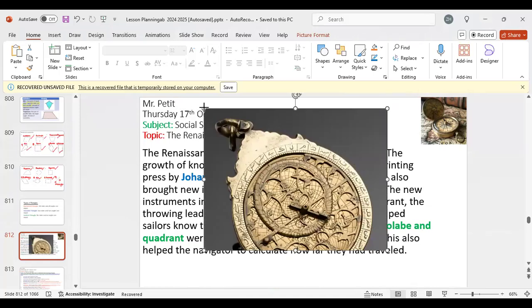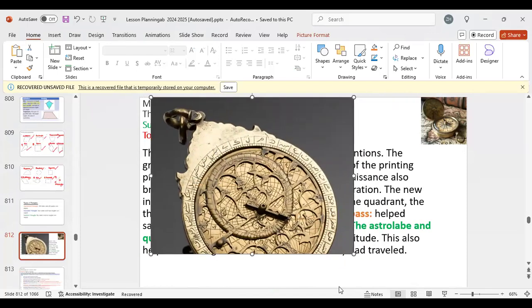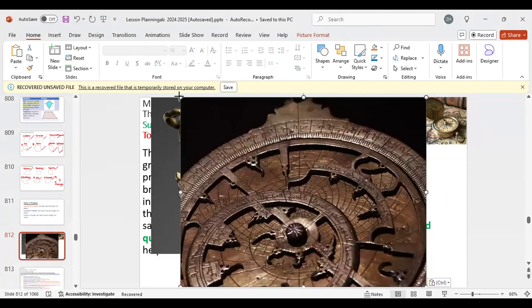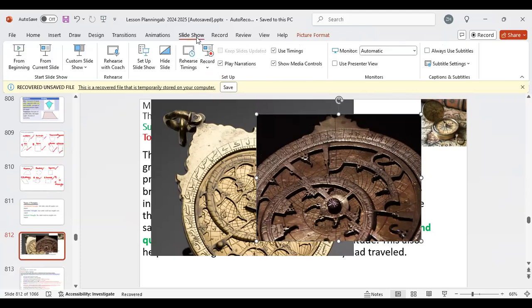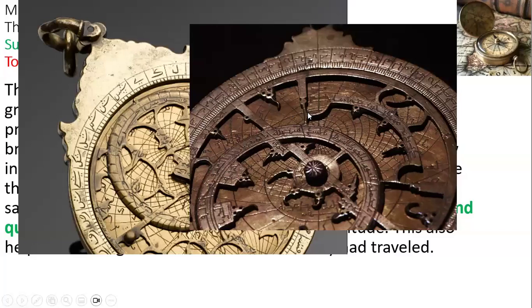The quadrant is going to be shaped like a quarter circle. Here is another picture of the astrolabe. It has a lot of circles, and you see how all these lines come together and you have to be so precise. It's kind of neat.